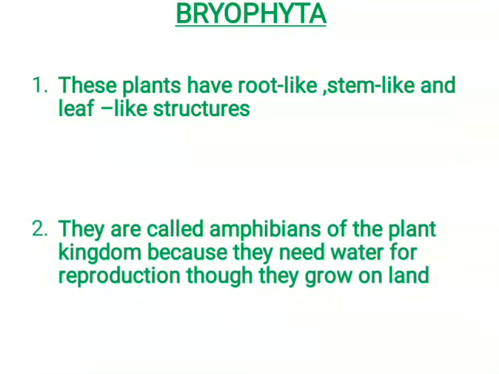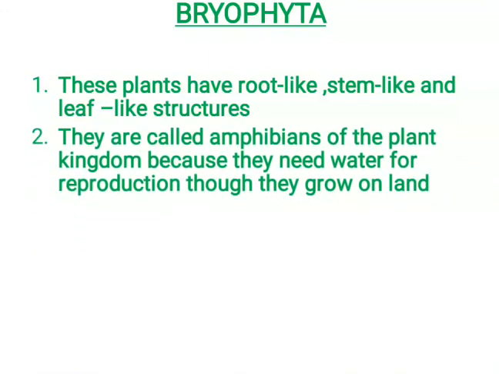A very important point, they are called amphibians of the plant kingdom. Amphibians means dual life, double life. They live on land, but for reproduction, that is to spread or disperse their spores, they need the agency of water.